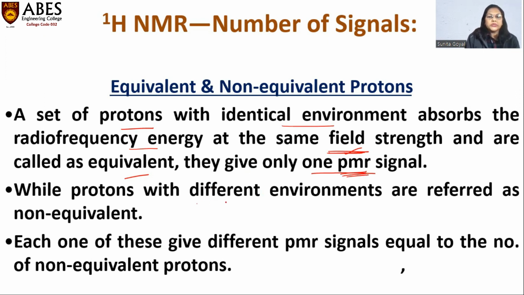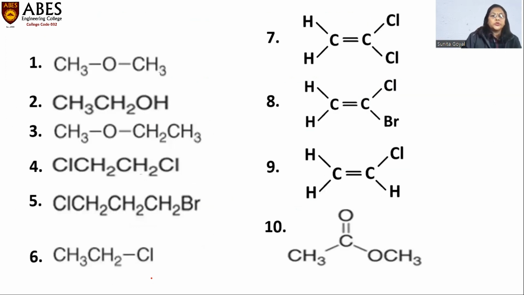While if the protons belong to different chemical environments, they will be magnetically different. So they are known as non-equivalent protons, and they will give rise to different PMR signals on the NMR spectrum. There are so many examples in which we can calculate the number of signals.